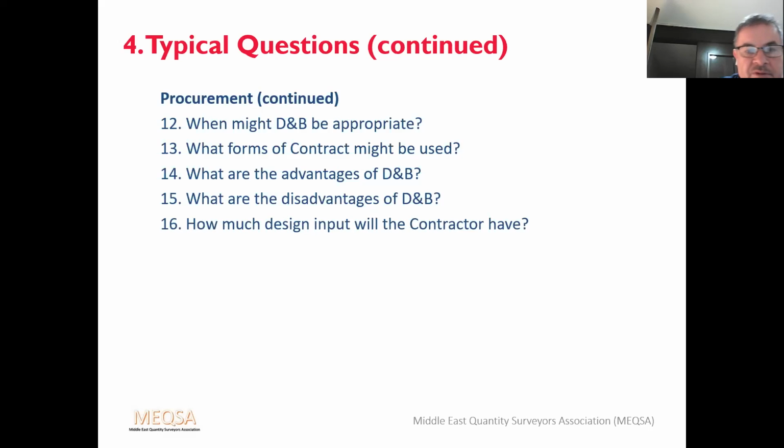How much design input will a contractor have? This depends on the amount of design work the employer already has completed at the time of tender. From my experience, what usually happens is the employer's design team will do the concept design and the schematic design. And then that schematic design is forwarded to the tendering contractors for them to develop the detailed design.